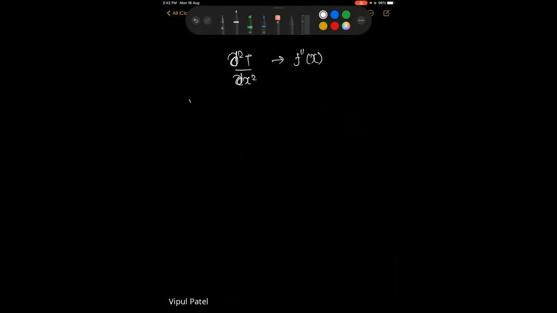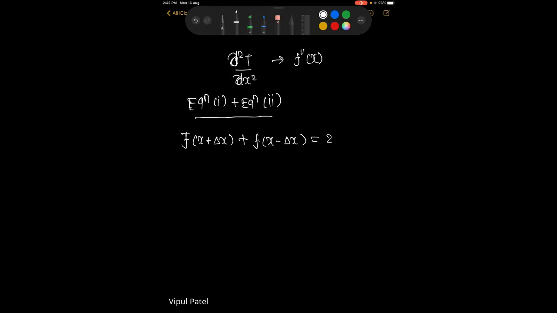So if I add equation 1 and equation 2, on the left hand side obviously I'll have f of x plus delta x plus f of x minus delta x. Okay, and on the right hand side I can write 2 times f of x, right?